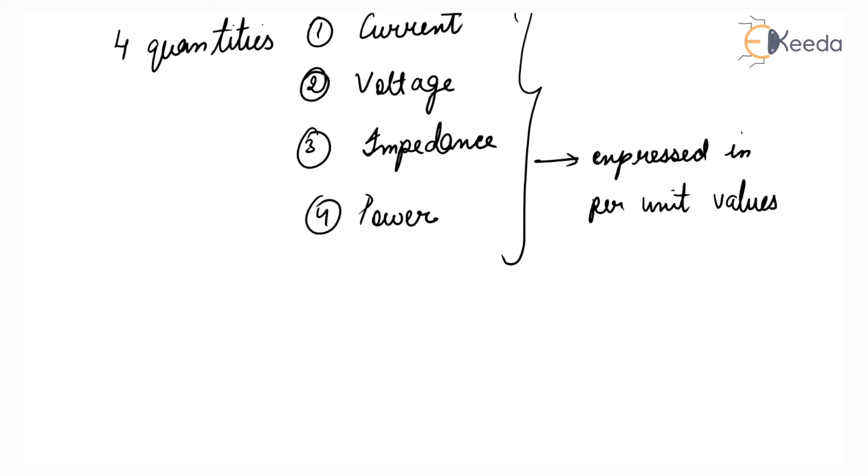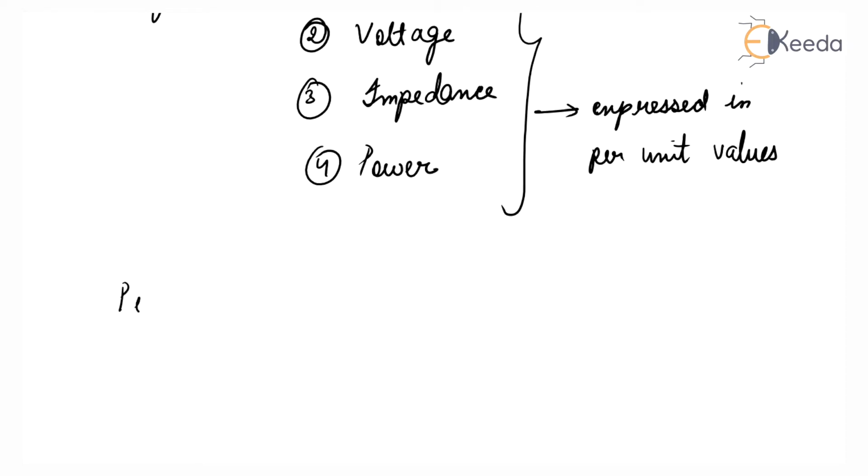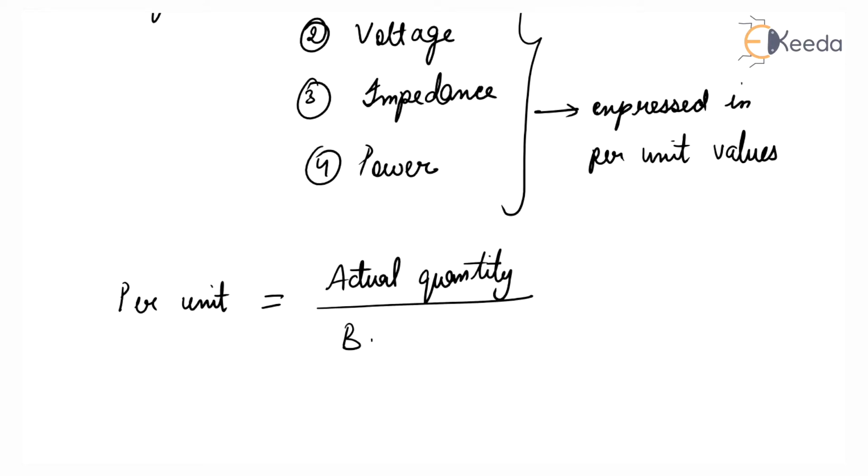Per unit is equal to actual quantity upon base quantity. So the per unit value of any quantity is defined as the ratio of the actual quantity upon the base quantity.